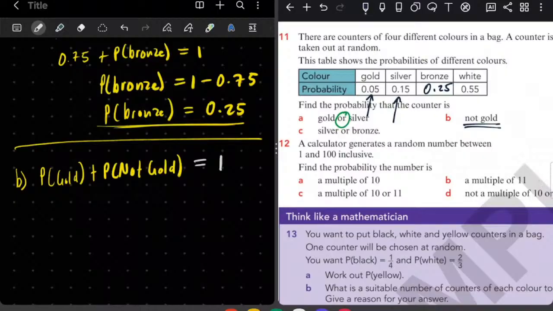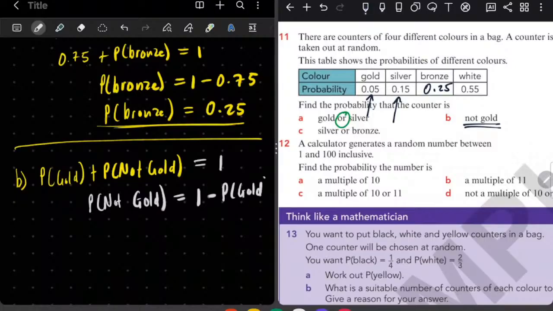When they ask for probability of not something, it's the easiest thing because probability of gold plus the probability of not gold should be 1. So now probability of not gold, how do we get it? We take probability of gold to the other side. So we say 1 minus the probability of gold, which is going to be, what is the probability of not gold now? It is going to be 1 minus what?